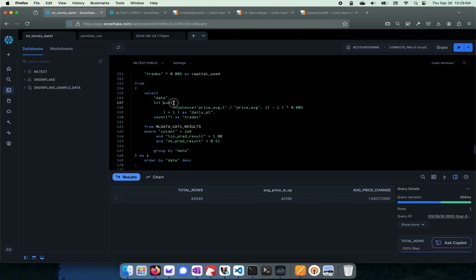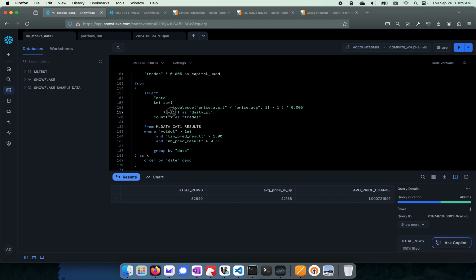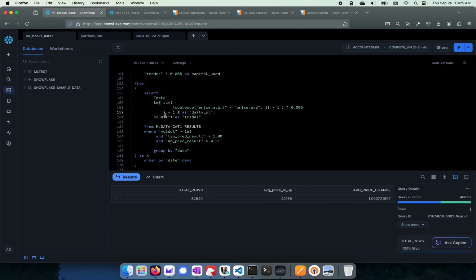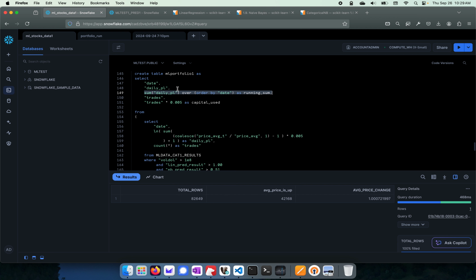We then sum up all of our positions for the day, and then we want to add a 1 back in. The reason we want to do that is because we want to take a natural log of our percentages plus 1. What this will allow us to do is then take a running sum of our logs. And that is essentially the same thing as multiplying our portfolio percentage changes for every day.